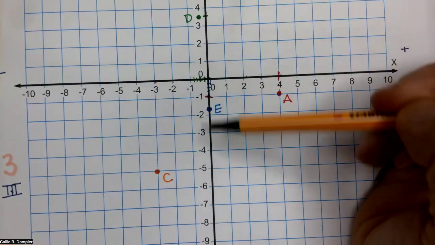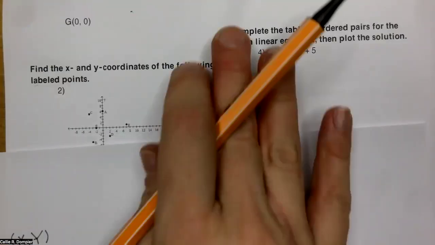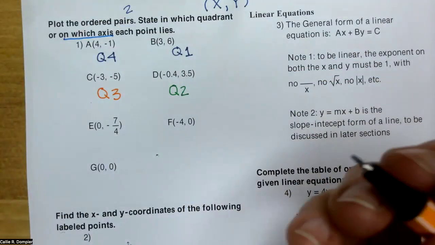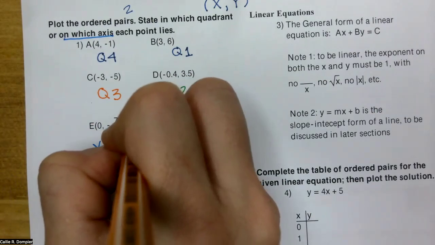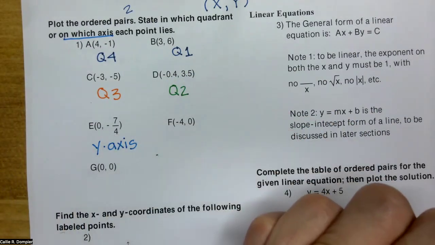It's right on the y-axis, so we don't count a quadrant. Which axis is it on? That is on the y-axis. How do we know it's on the y-axis? Because our x value is 0 for it.